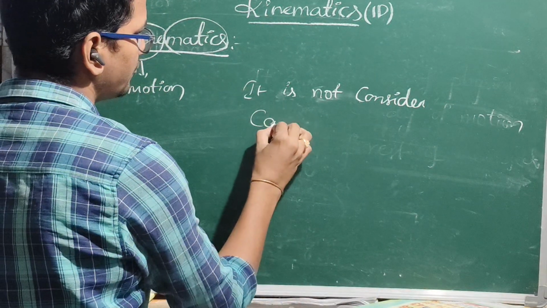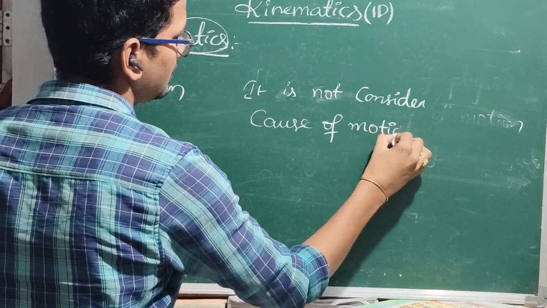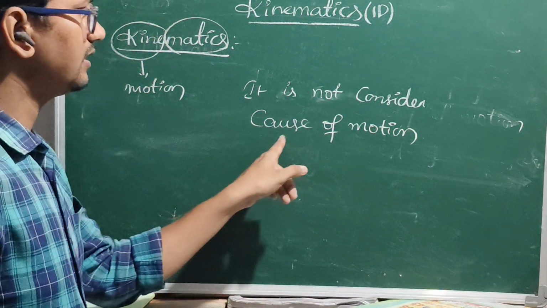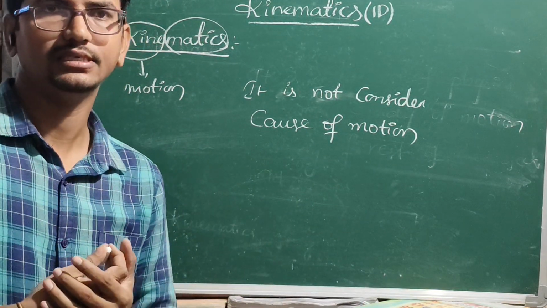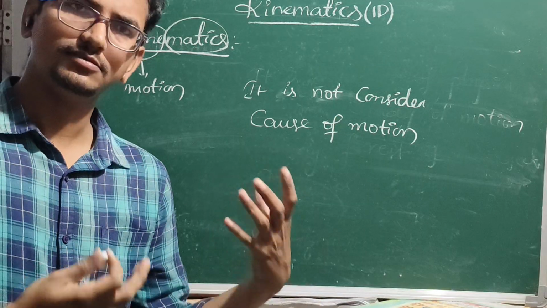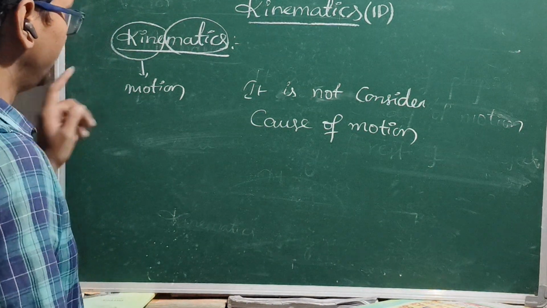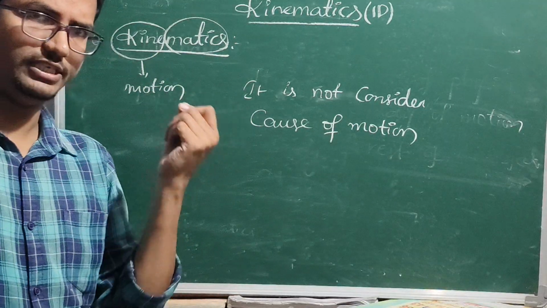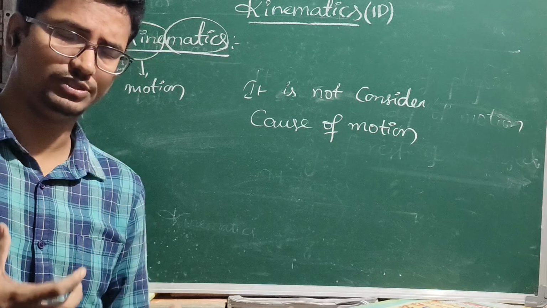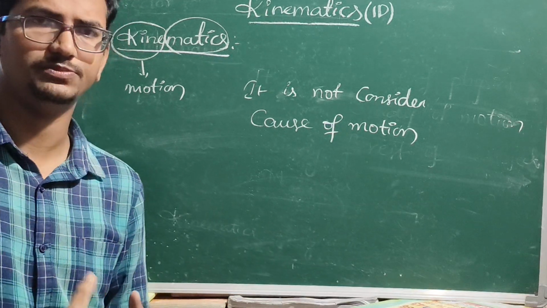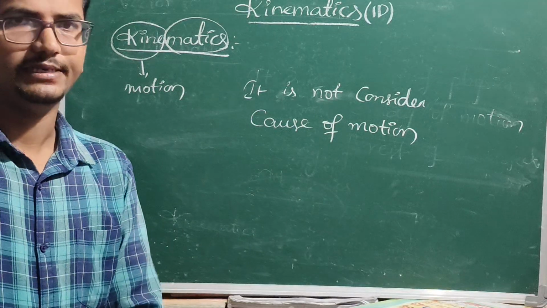Automatically the body is in motion. That is called not considering the cause of motion. We can calculate the velocity of the body, the acceleration of the body, and how much displacement is traveled by the body. Everything will be learned in kinematics.